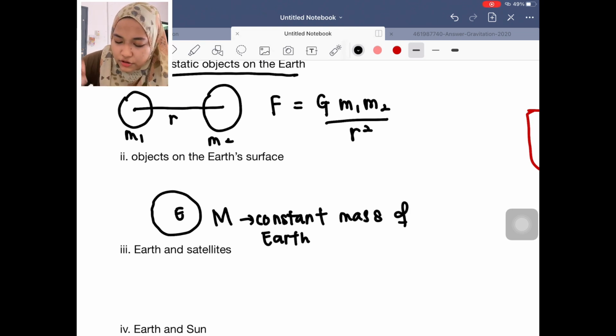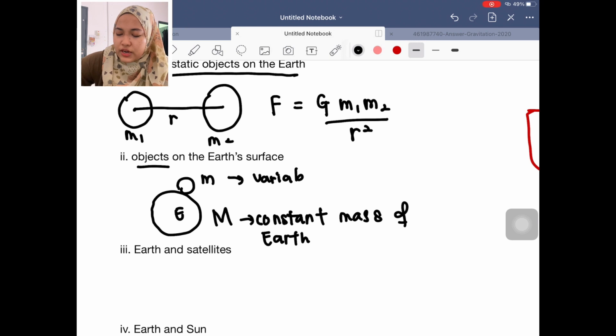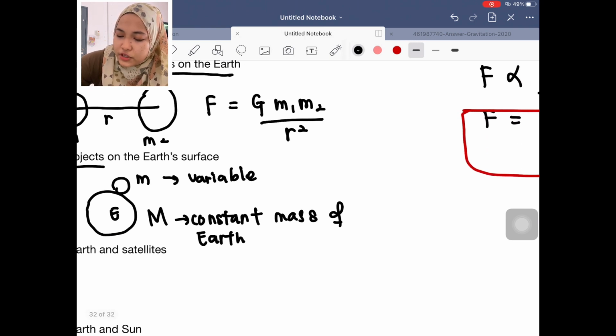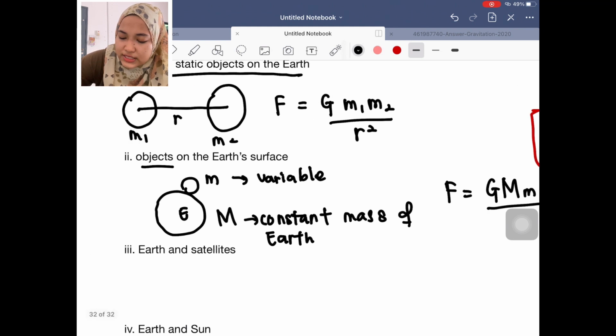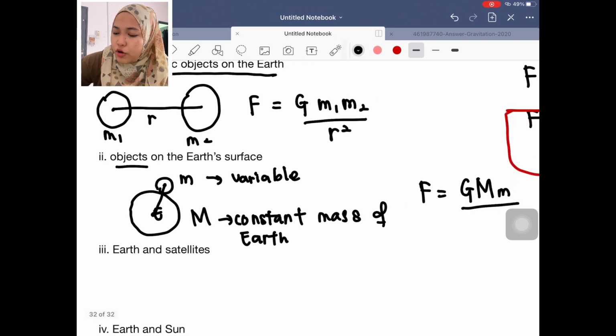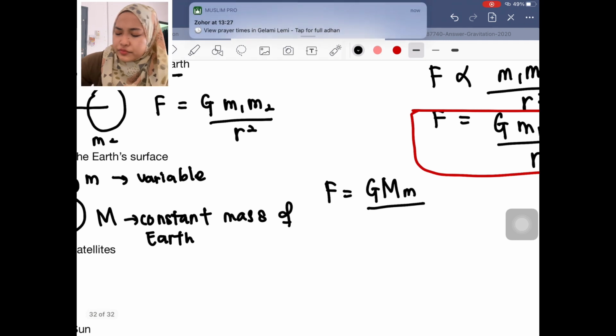And the object on the earth is small m, because it is a variable. We can rewrite the equation of the universal law of gravitation: F equals G M m over r squared, where r is the distance between the center of the earth and the center of the object on the surface of the earth.